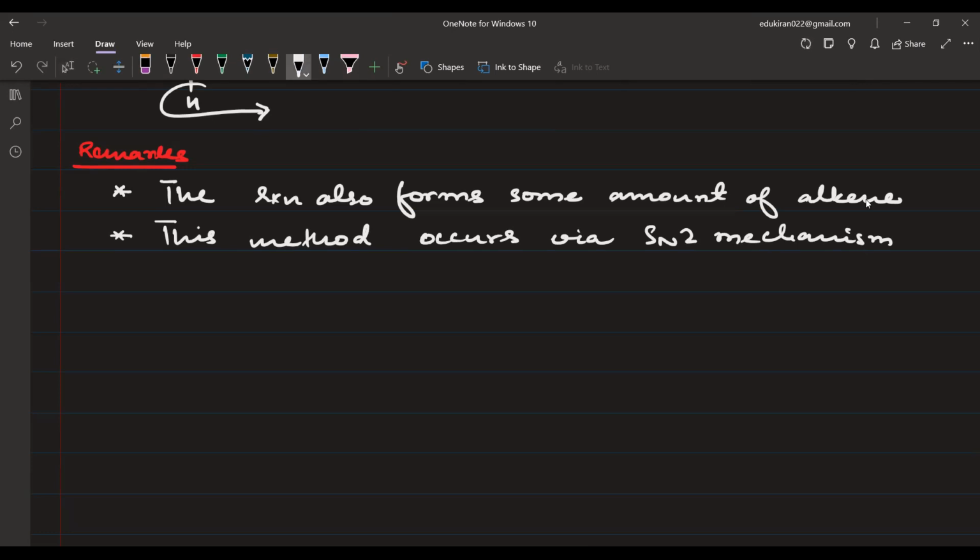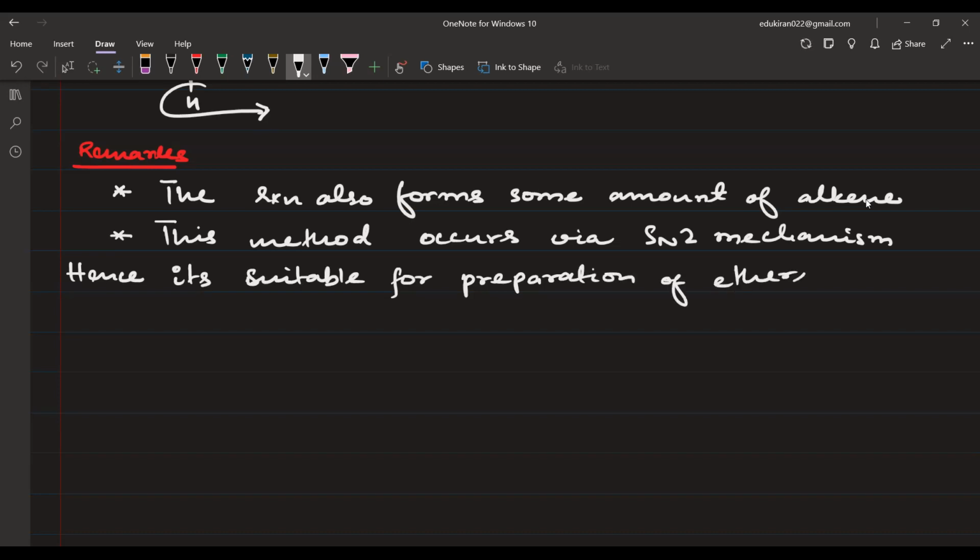This method occurs via SN2 mechanism. Hence, it's suitable for preparation of ethers from primary alcohols.